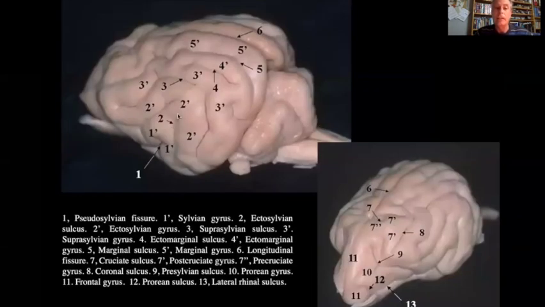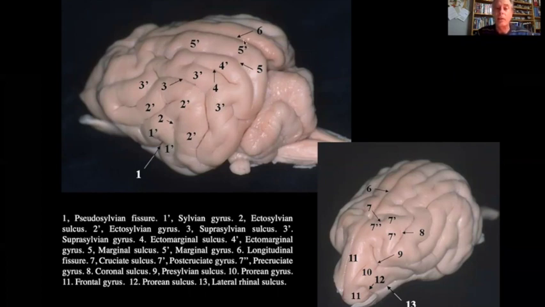On the neocortex, we have, as I have said previously, gyri and sulci, and they receive specific names. In dogs, this one here is the pseudosylvian fissure, and the gyrus on top is the sylvian gyrus. Then we have the ectosylvian sulcus, and the gyrus is the ectosylvian gyrus. It's quite easy. On top of that, we have the suprasylvian sulcus and the suprasylvian gyrus.